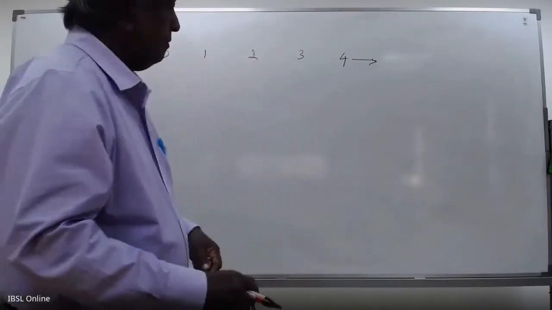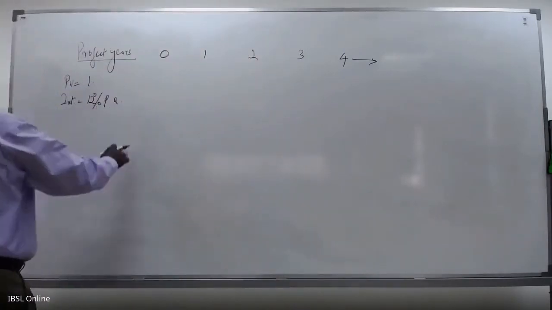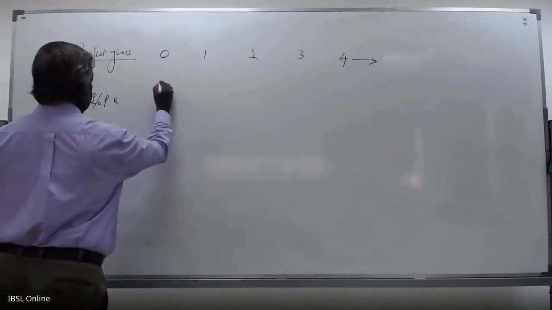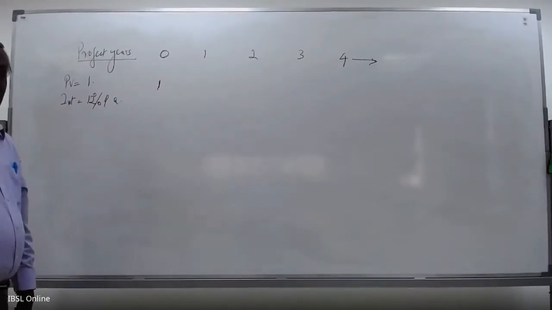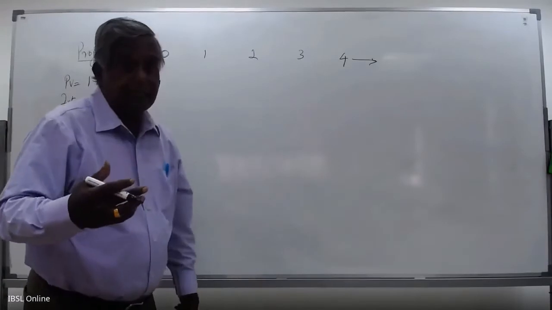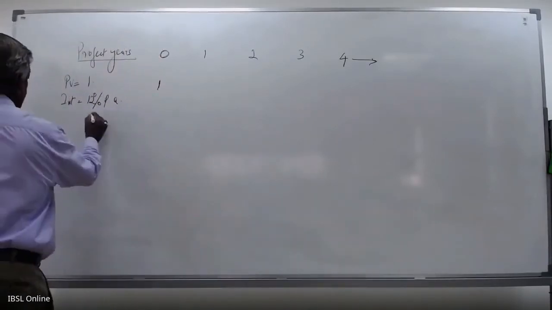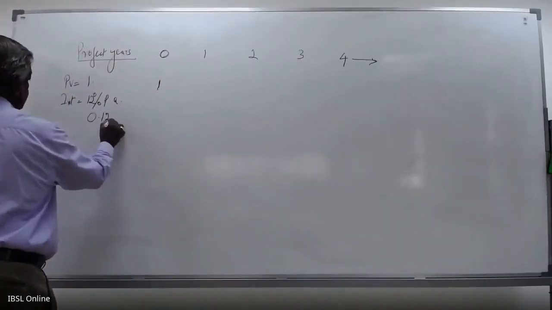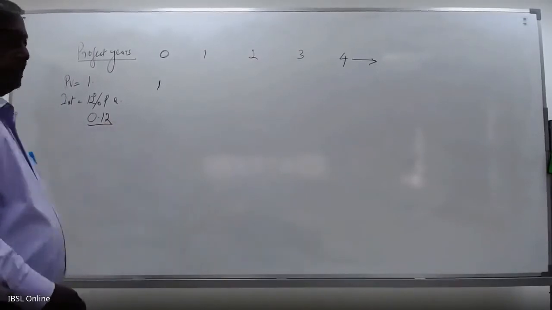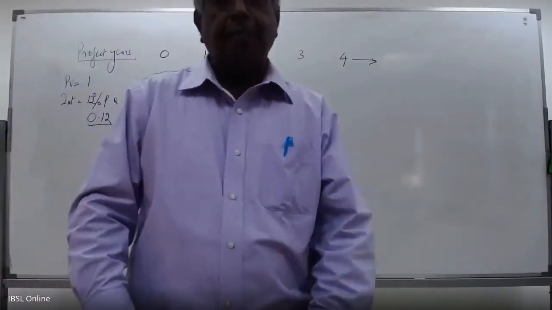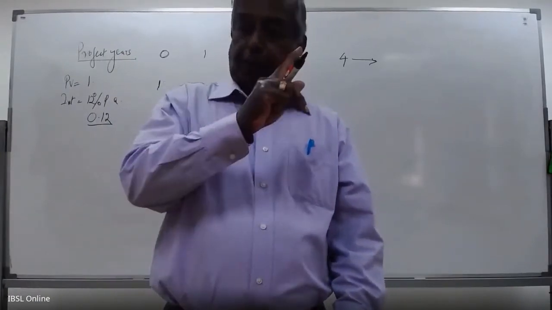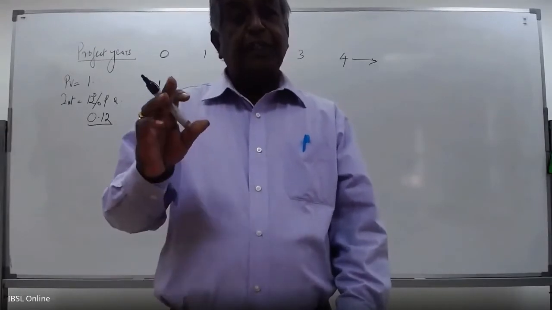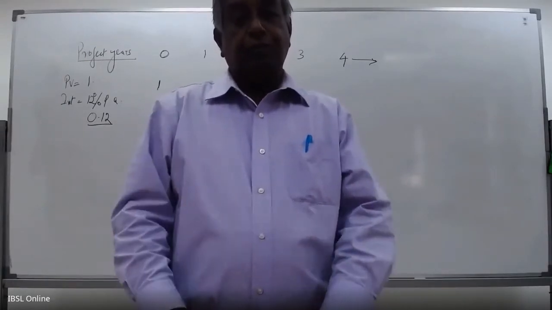We are investing. You must know that if the interest is 12% per annum, you can write it in decimal as 0.12. So for 1 rupee, for a year, you will get an interest of 0.12 rupees.